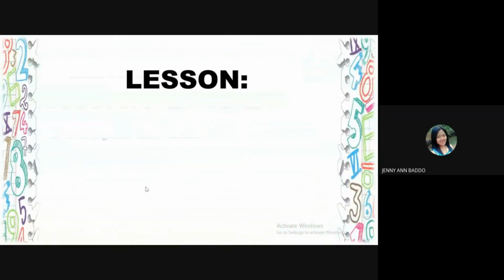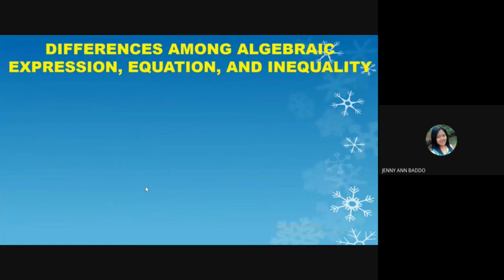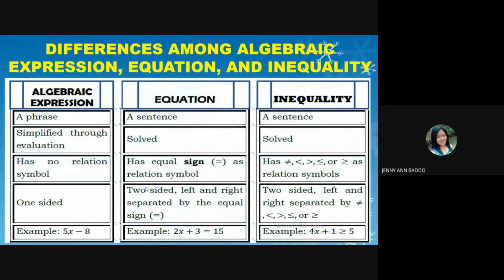So to start our lesson on linear equations in one variable, let us have the differences among algebraic expression, equation, and inequality. When we say algebraic expression, it's just a phrase. So when we translate an algebraic expression in words, we only form a phrase.